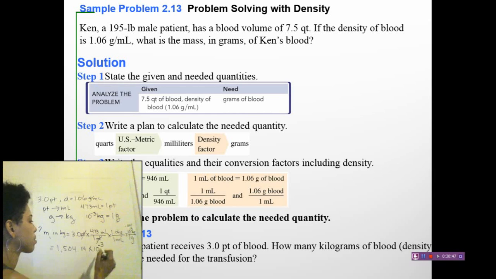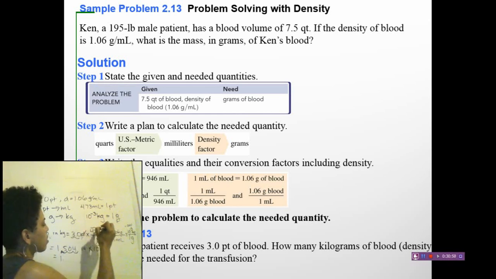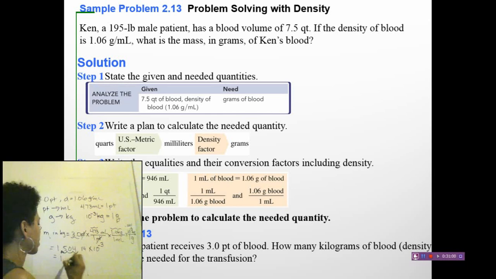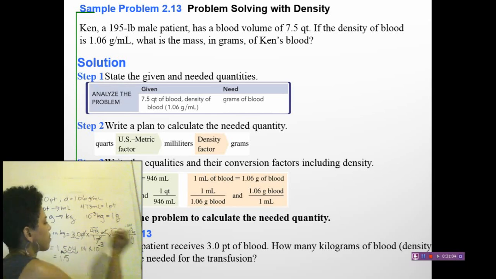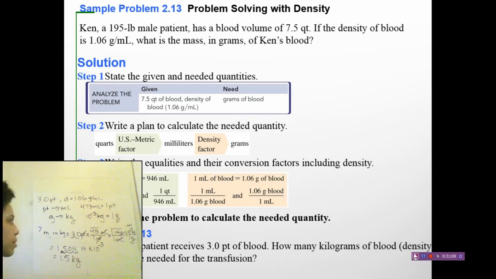So if I'm going to do 10 to the minus 3, 1, 2, 3. I've got 2 sig figs, 3 sig figs, 3. So my answer needs to have 2. So that's 1.5 kilograms. Okay? So 3 pints of blood weighs about, or has a mass of 1.5 kilograms.